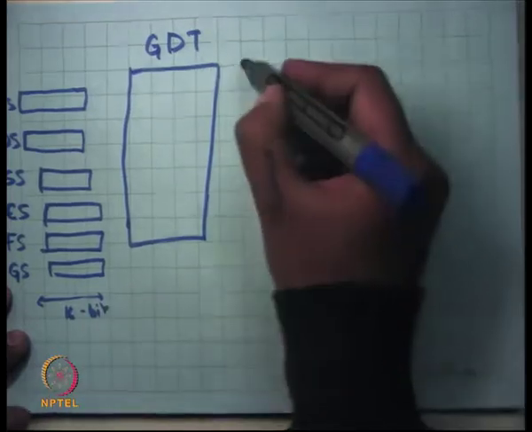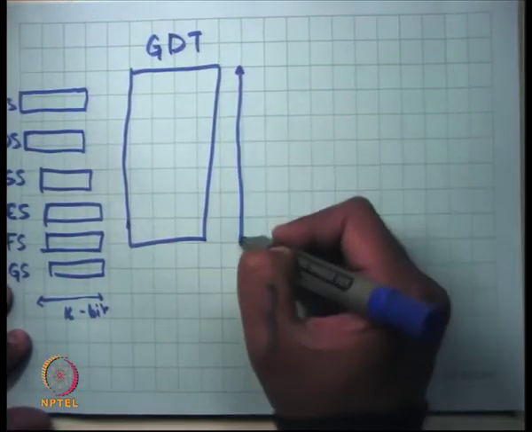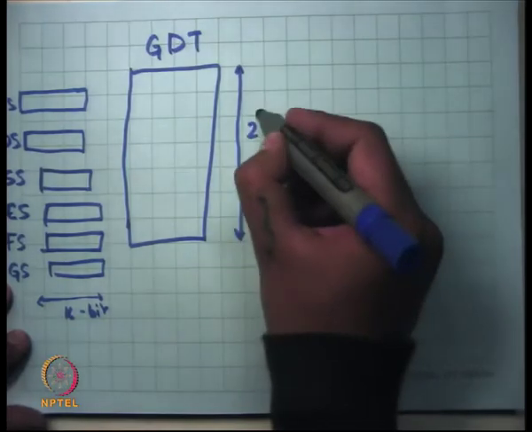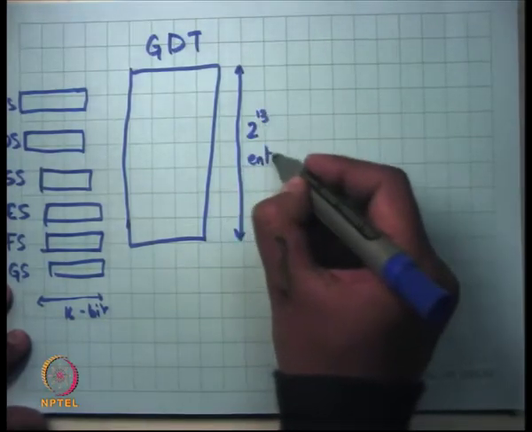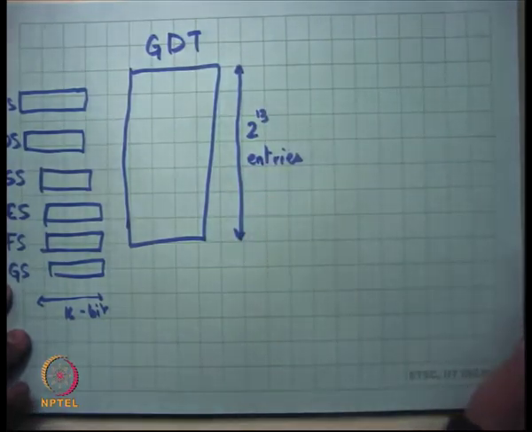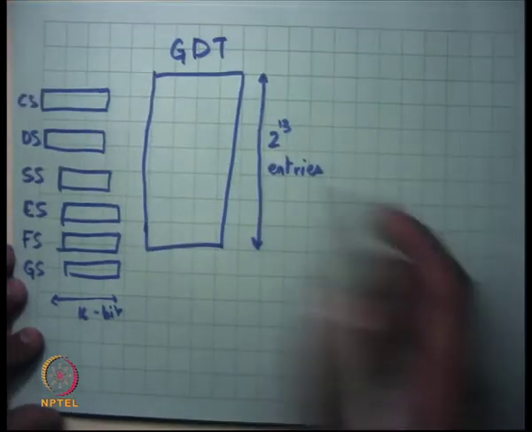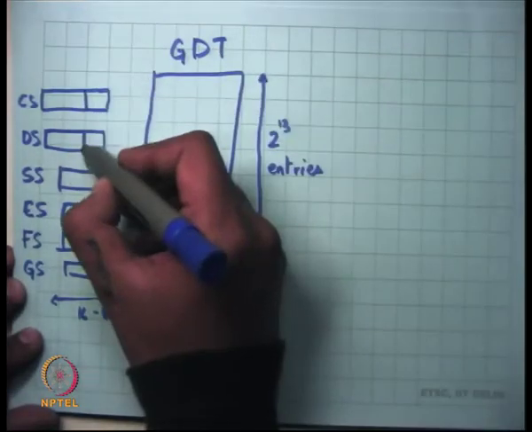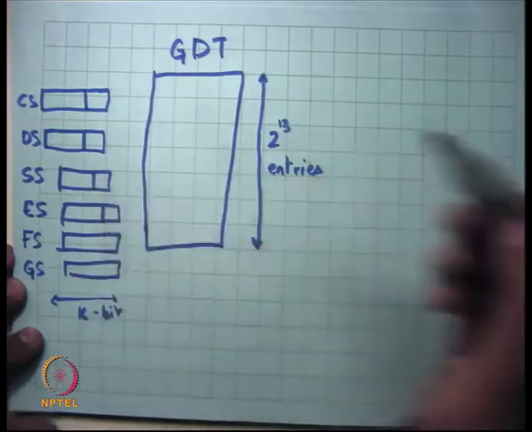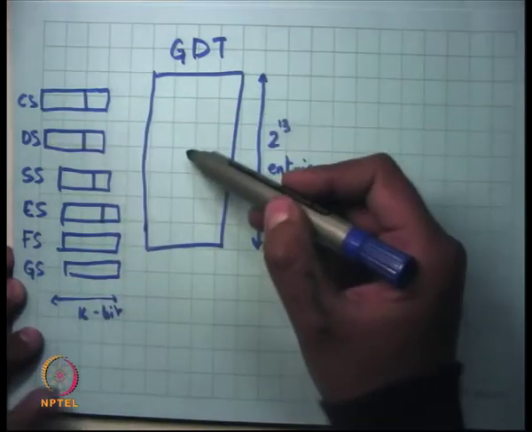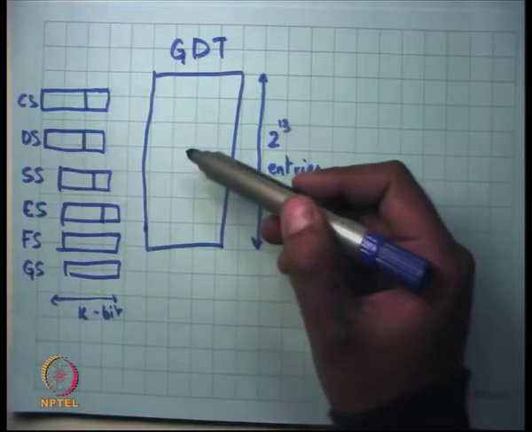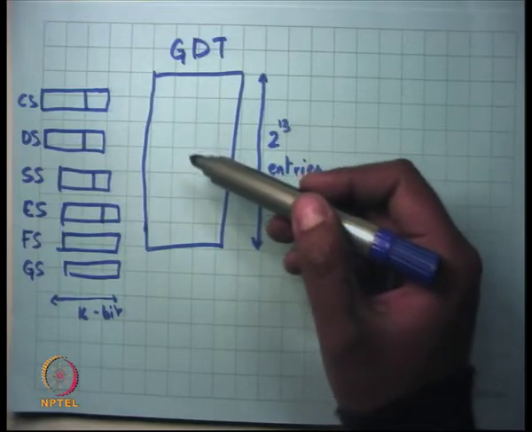All right. The GDT itself has 2 to the power 13 entries. The top 13 bits of each of these points into the GDT and tells you which entry to use to do the translation.